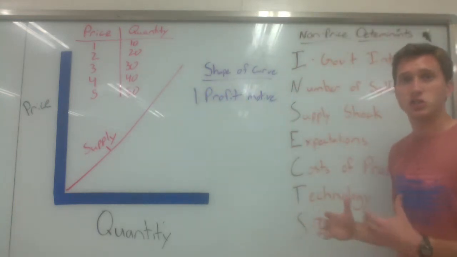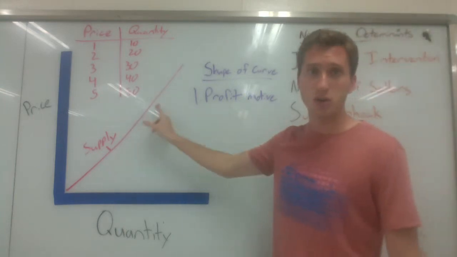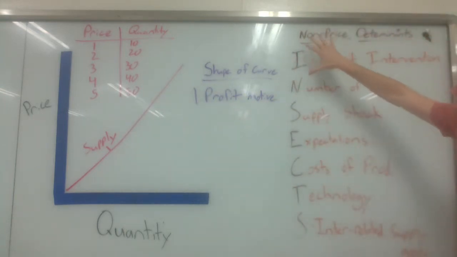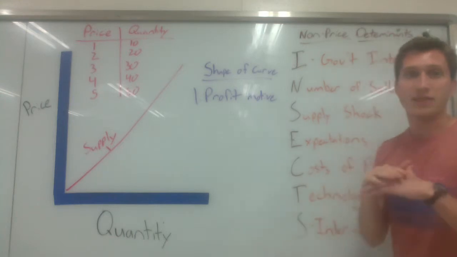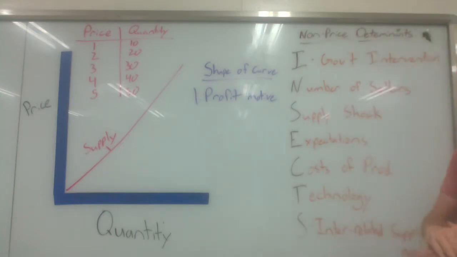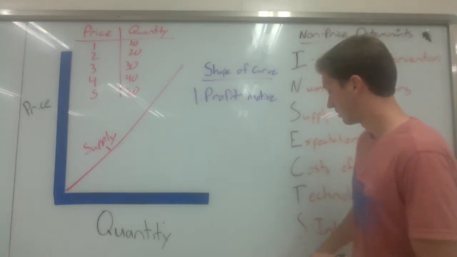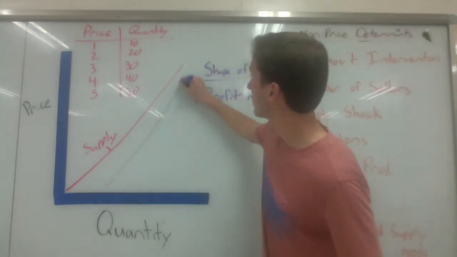Now, why it can possibly shift if we keep the price the same. Price is changing as we go along the curve, but if we keep price the same, we could change one of these seven things to shift the supply curve. So at the same prices we had before, we could have a new quantity. I'll just draw a rightward shift here.